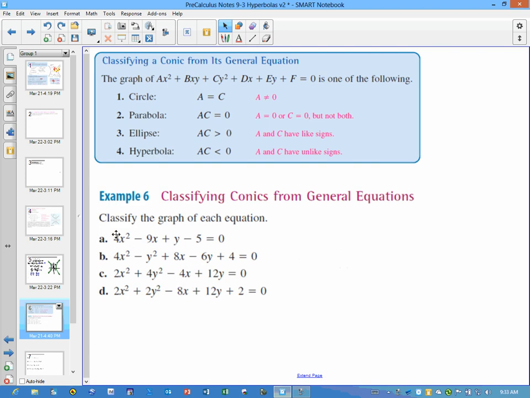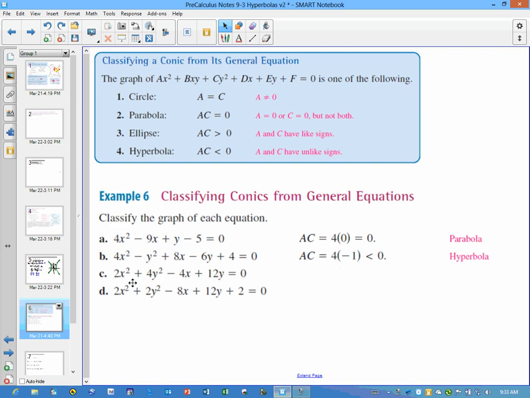So looking at these real quick, you should be able to classify them. Here we have an x squared, but we don't have a y squared. Or in other words, A times C would be 0, which means we have a parabola. The second one, I see a positive x squared and a negative y squared. They have different signs, so A times C would be negative, and that makes it a hyperbola.